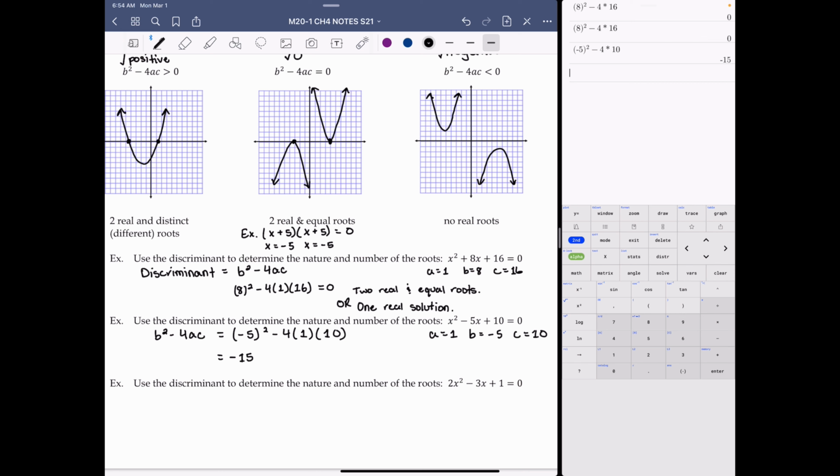When we have a negative number for the discriminant, that means we would have a negative under a square root, and we can't take the square root of a negative. So this means that we have no real solutions.